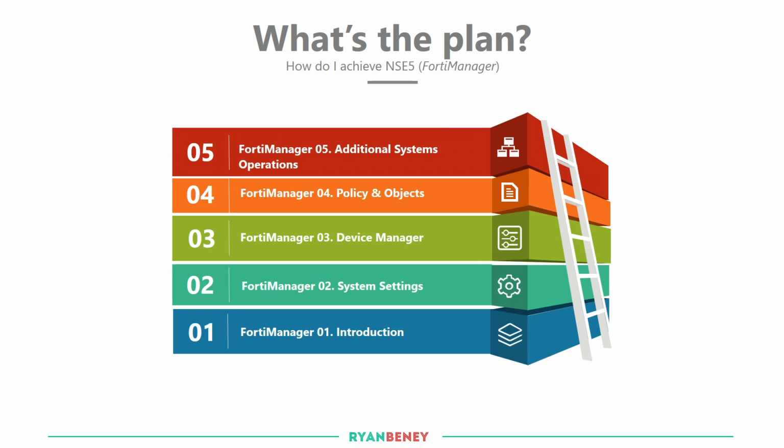We then moved into Device Manager, an overview of adding devices into the FortiManager and some of the settings that you would expect to find, which are device specific, such as pushing down DNS settings, pushing down interface configuration, new VLANs and so forth. And then we compared that to the policy and objects, which was the most recent element that we went over.